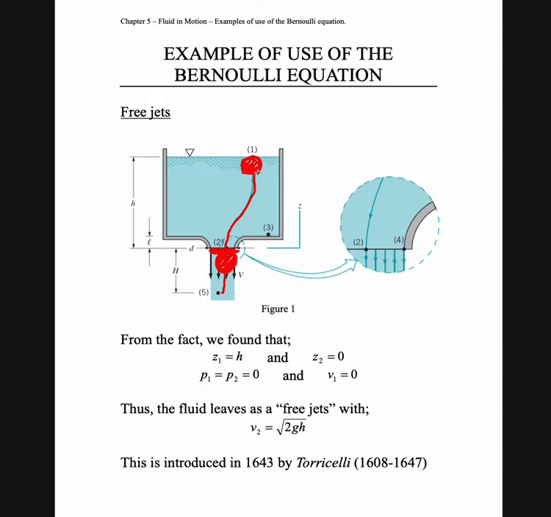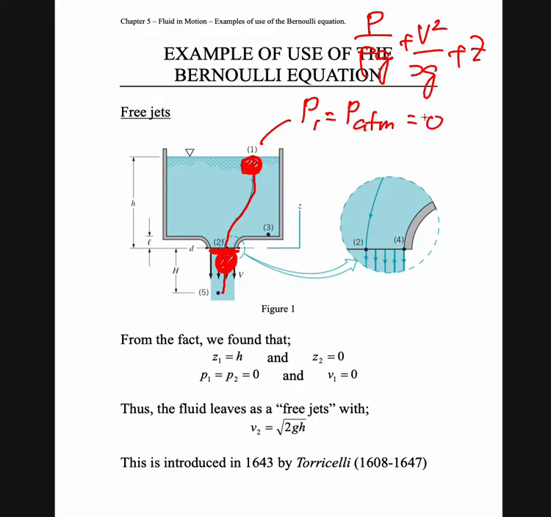Okay, the second step is to determine all the parameters for point number 1 and point number 2. We know that the Bernoulli equation is P over rho g plus V square over 2g plus z. So try to determine the pressure, the velocity and the z. At point number 1 here, the pressure P1 is equal to P atm and it is equal to 0.